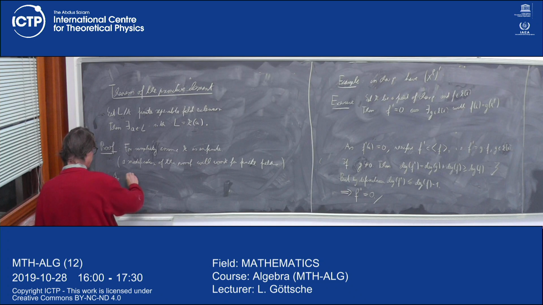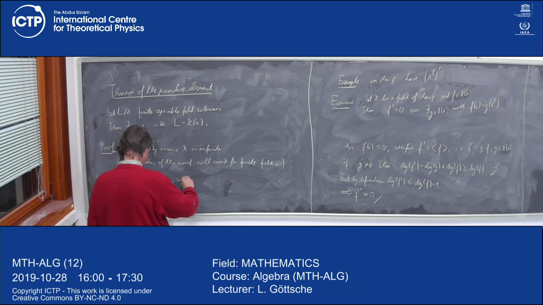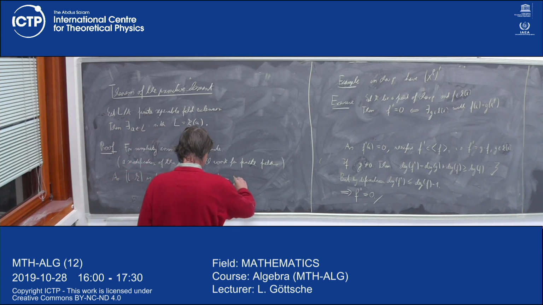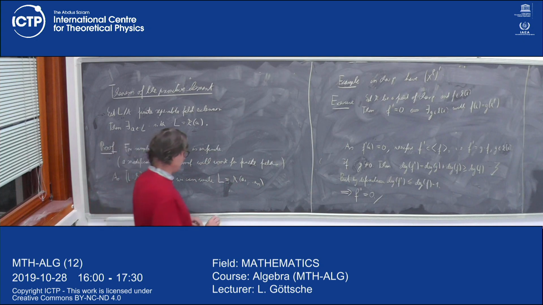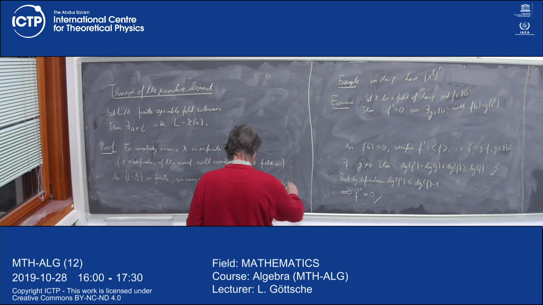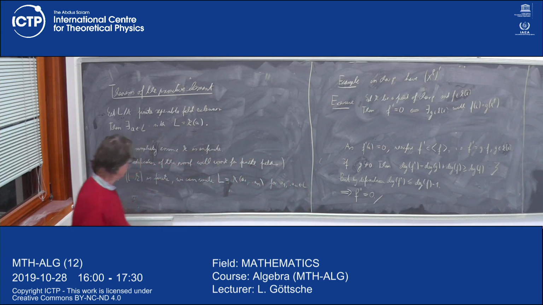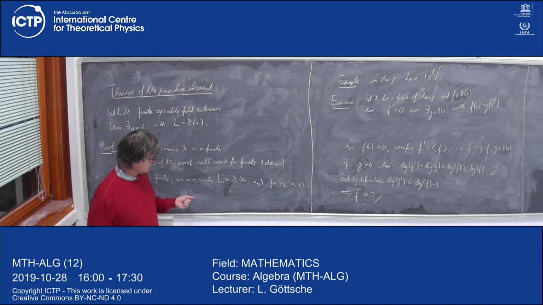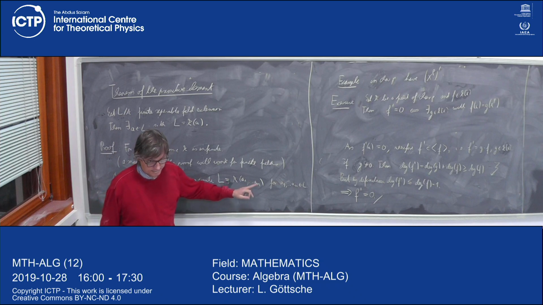As L over K is a finite field extension, we can write L equal K(A1, ..., An) for some elements Ai in L. We know that the finite extensions are precisely the finitely generated algebraic extensions. So the finite extension is always given by adding finitely many algebraic elements.